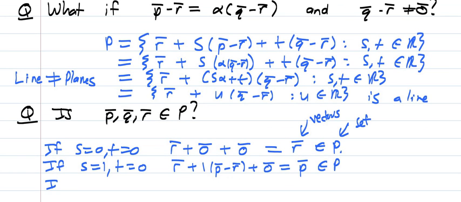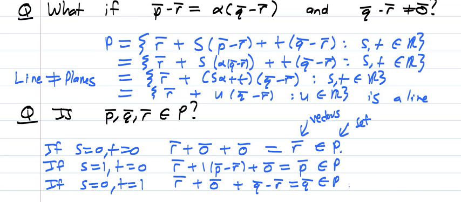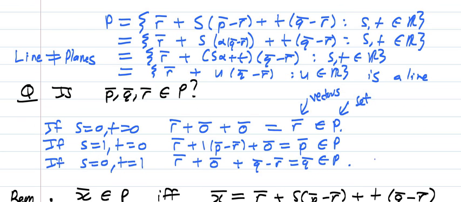And one more: if S is naught and T is 1, we get the vector R plus the 0 vector plus Q minus R, which becomes vector Q, which is sitting in P. So all three are true. This object that we defined this way does contain vector P, vector Q, and vector R.